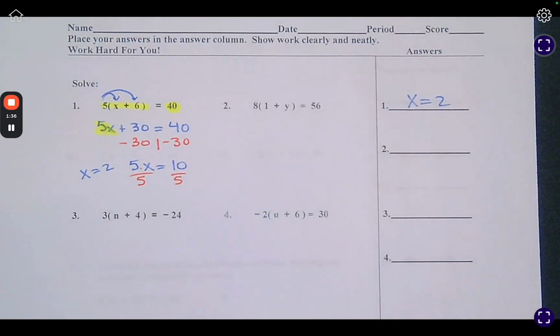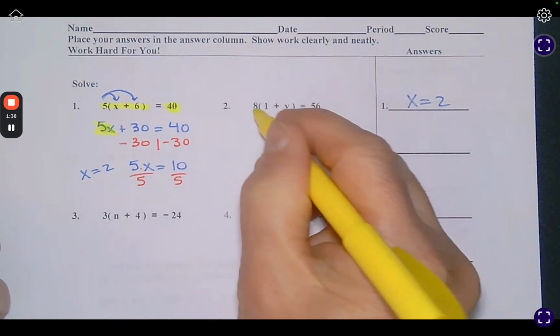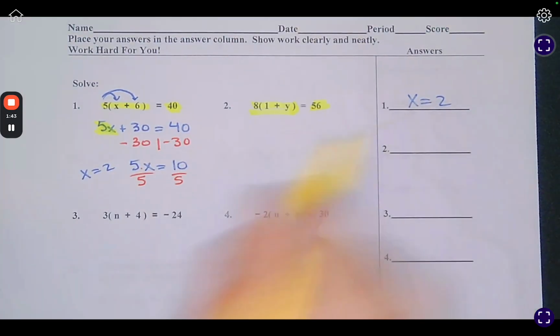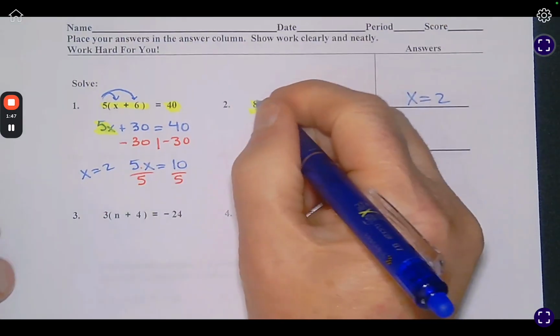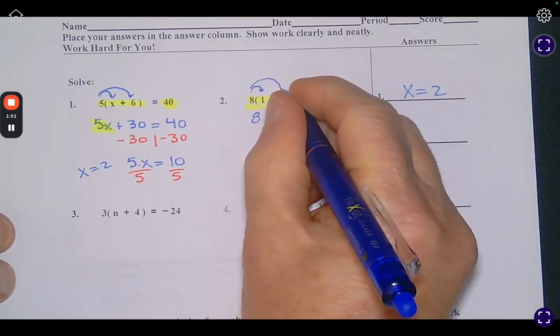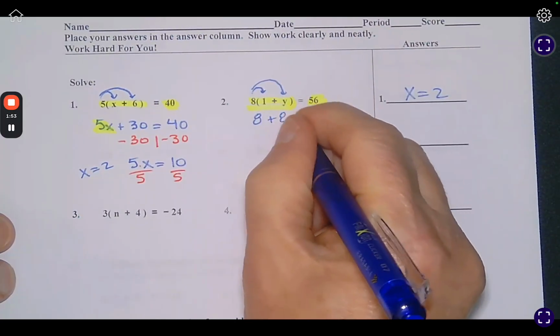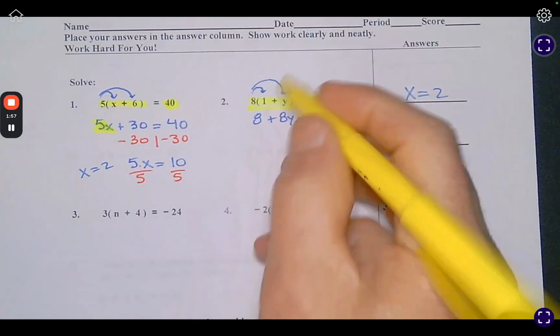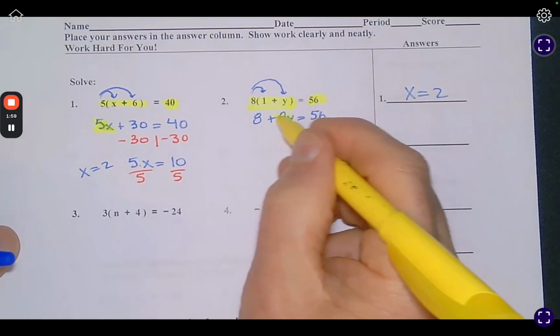All right, let's do it again. So notice on the left-hand side, there's distribution. On the right-hand side, there's nothing. So I'm going to simplify the left. 8 times 1 is 8. 8 times 1y is 8y, equals a whole lot of 56. All right, isolate that variable term, right, y'all?